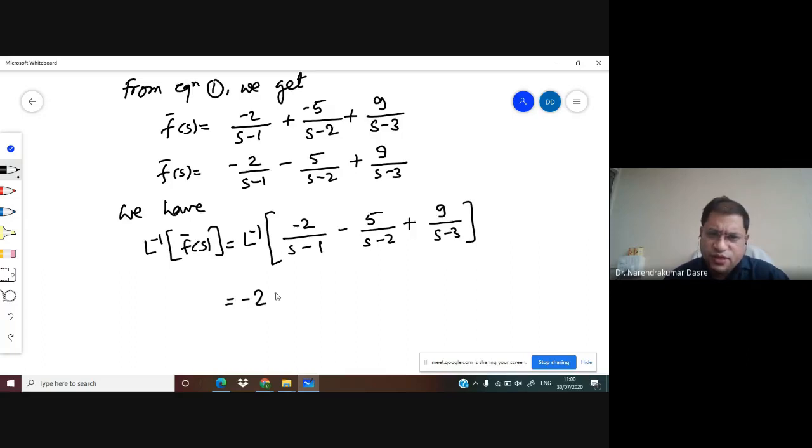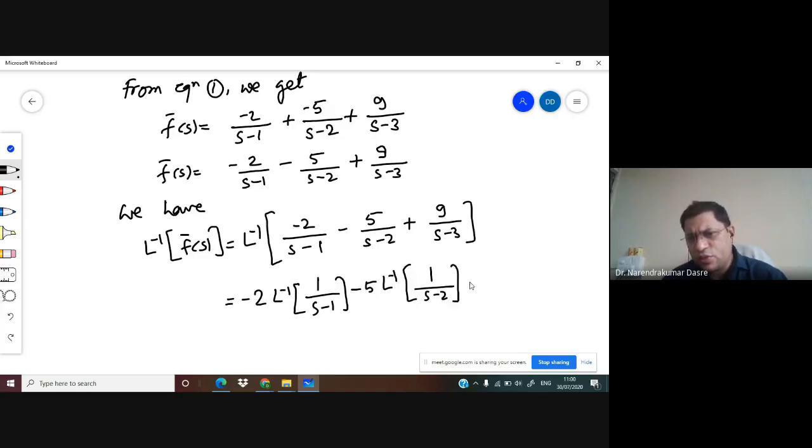So we can use the linearity property of inverse Laplace transform. We'll be having minus 2 Laplace inverse of 1 upon S minus 1, minus 5 Laplace inverse of 1 upon S minus 2, plus 9 Laplace inverse of 1 upon S minus 3.